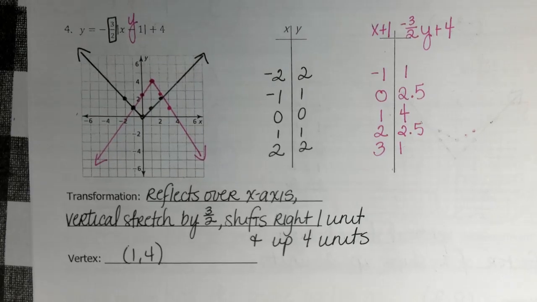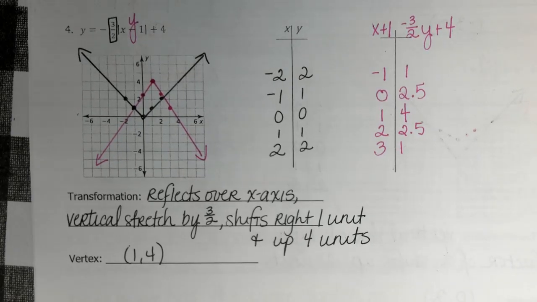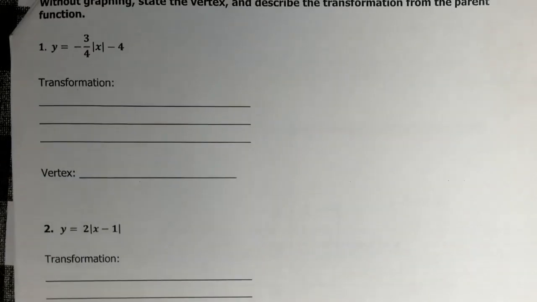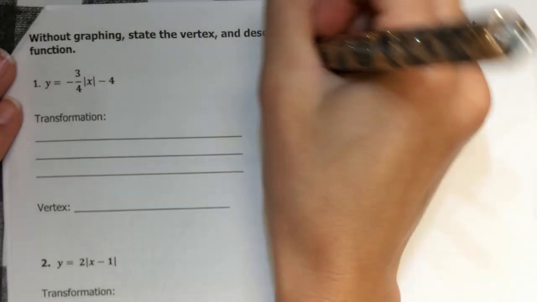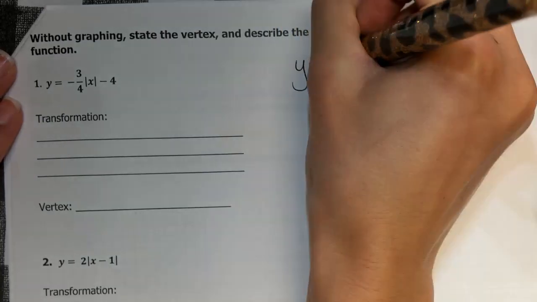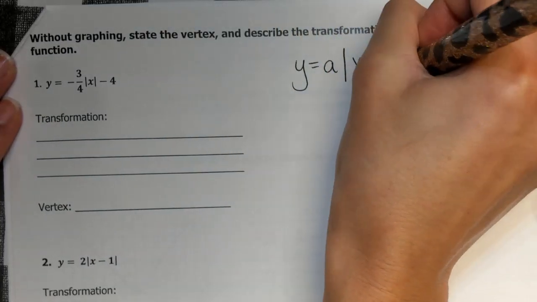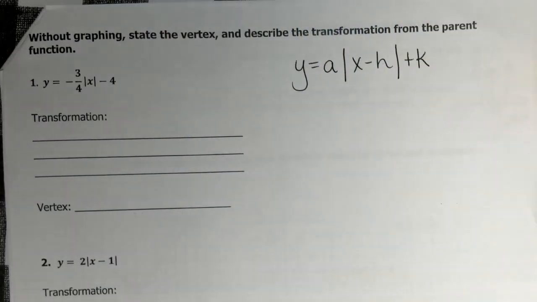Okay. So now what we're going to do is we're going to use our vertex form and find our new vertex and state the transformations without graphing. Okay? So that y equals a absolute value of x minus h plus k, how I picked that apart, that's what's going to help you here. Okay?